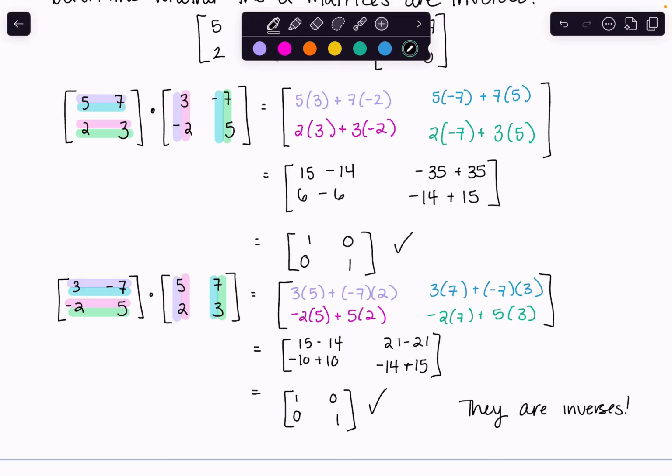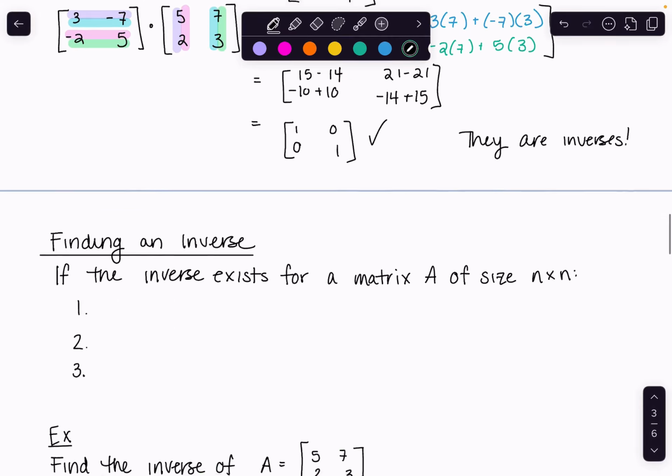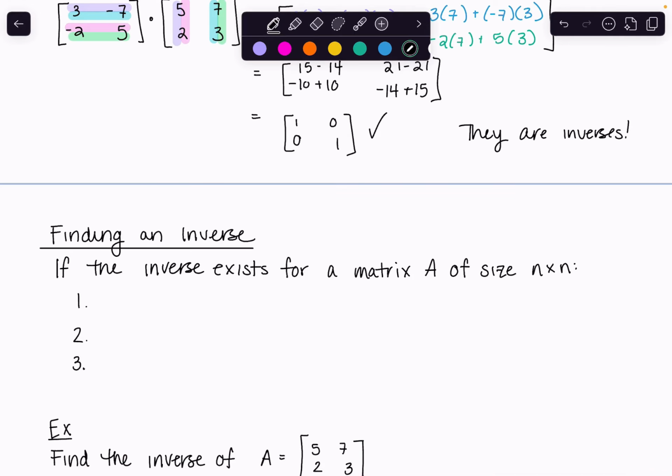Now let's try to figure out, if I just give you a matrix, how can I figure out what its inverse is? And so this is going to require those row operations that we might not necessarily love, but we've got to utilize, okay? So finding an inverse, if the inverse exists for a matrix A of size n by n, we're going to go through the following.